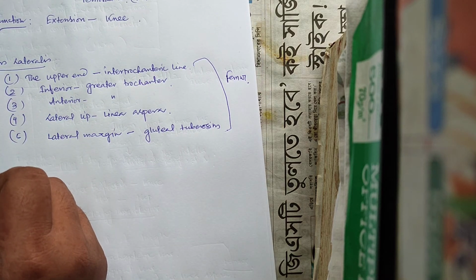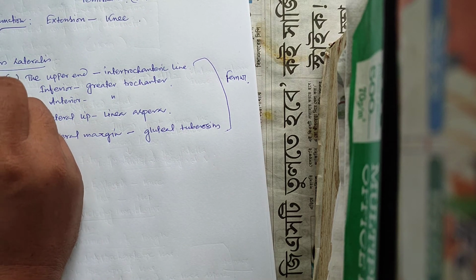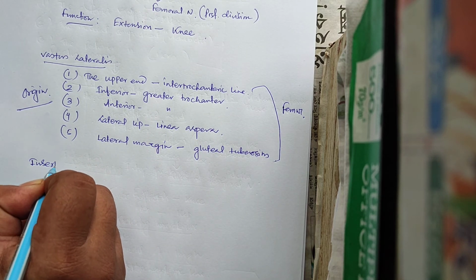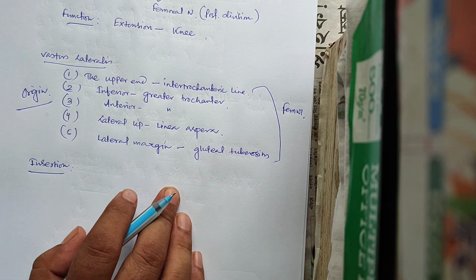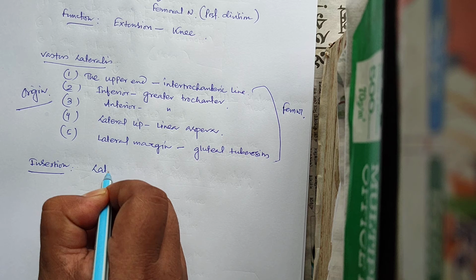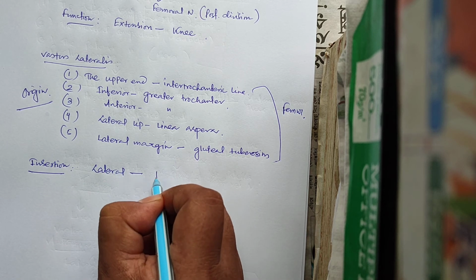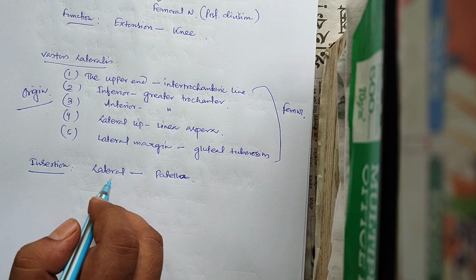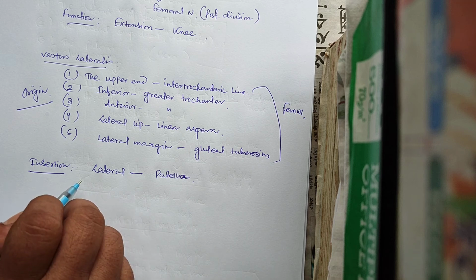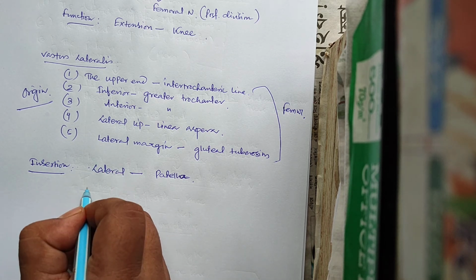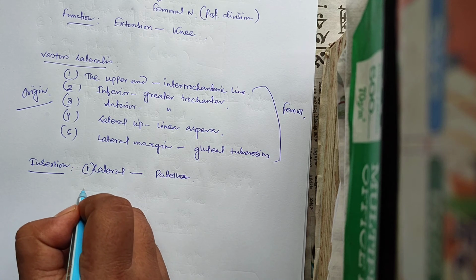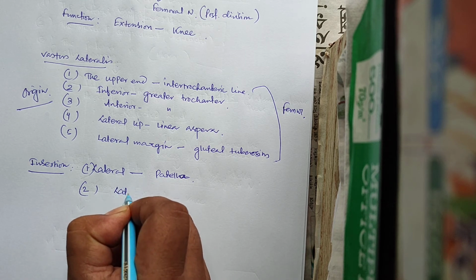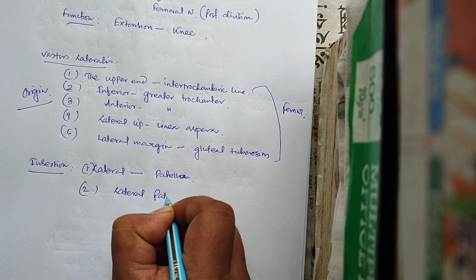Here, insertion: the lateral border of the patella. Now through the lateral patellar retinaculum into the lateral condyle of the tibia.